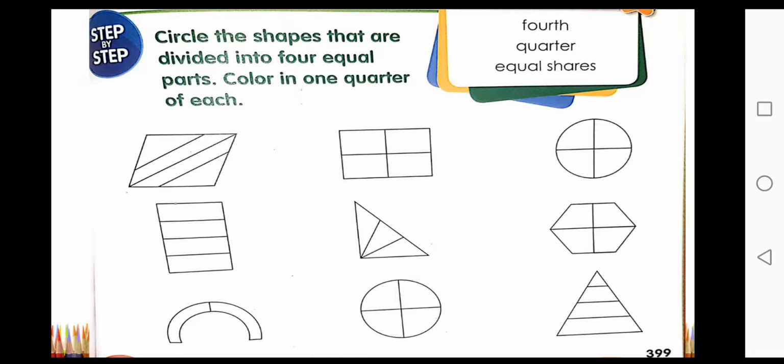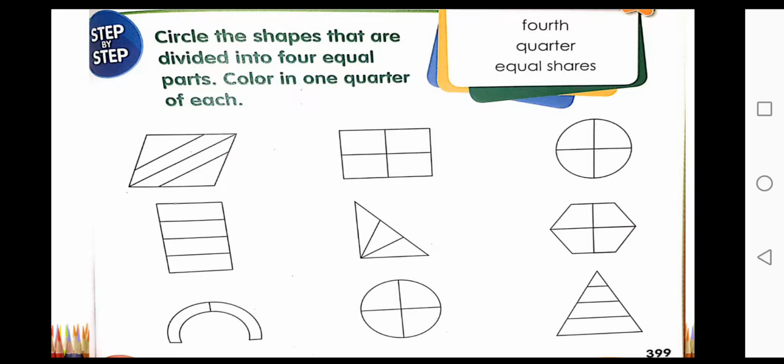Now, circle the shapes that are divided into 4 equal parts. They have to be divided into 4 parts, but the parts have to be equal. And then color in 1/4 of each, okay?